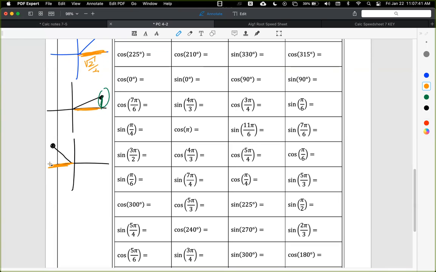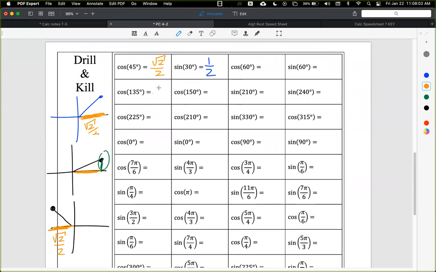It's the same thing over and over again. It is the square root of 2 over 2, but the problem is it goes left. This is left square root of 2 over 2. So the answer is not square root of 2 over 2. The answer for cosine of 135 is negative square root of 2 over 2.